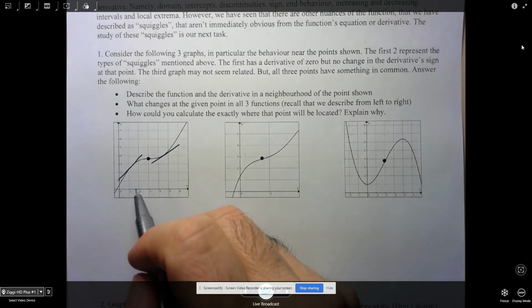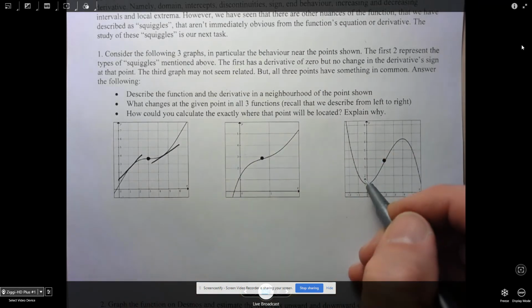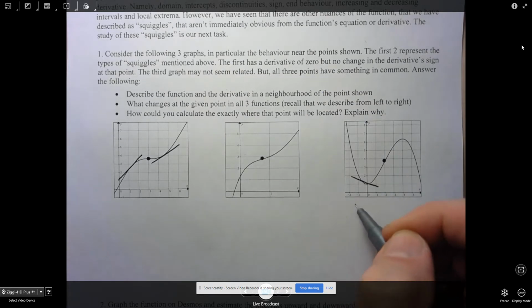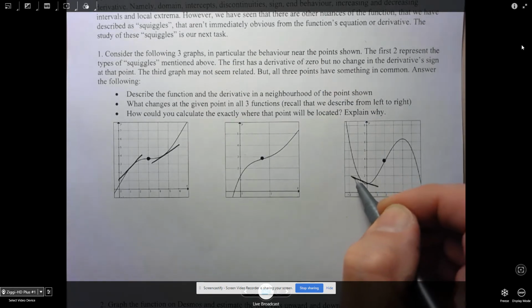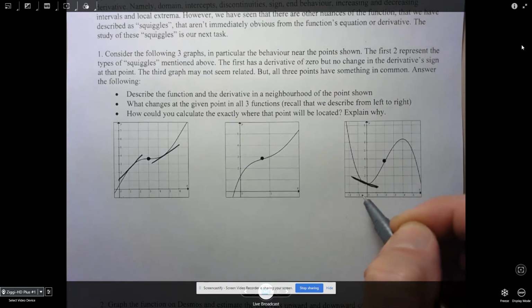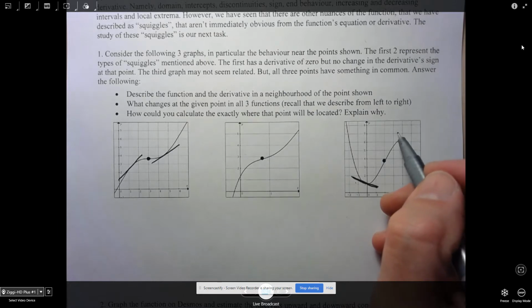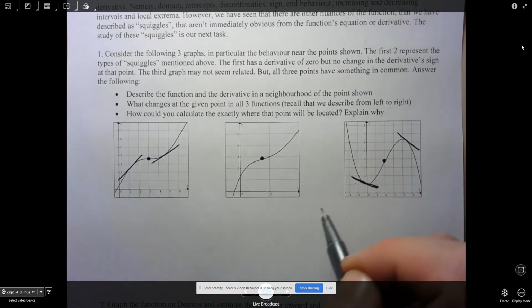Let's take any tangent line to the left of that point, and you see that all the points in that neighborhood lie above the tangent, whereas if I take any tangent on the right, we see they all lie below.